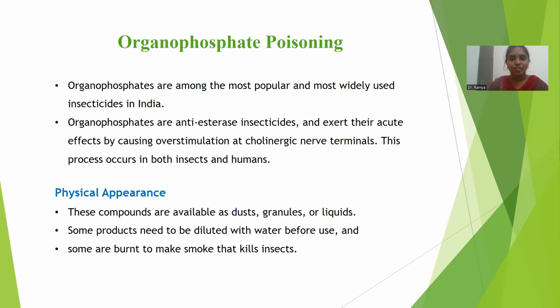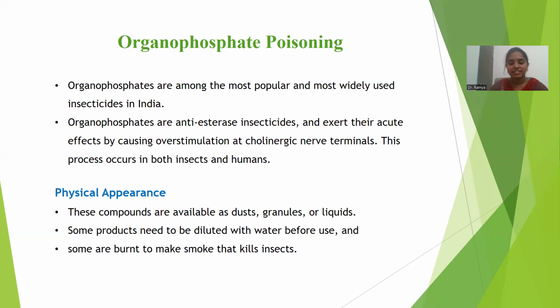Introduction to organophosphate poisoning. Organophosphates are the most popular and most widely used insecticides in India. This is the most commonly used in developing countries, as India is a developing country. These organophosphates are phosphoric acid esters, and their main action is to inhibit acetylcholinesterase.